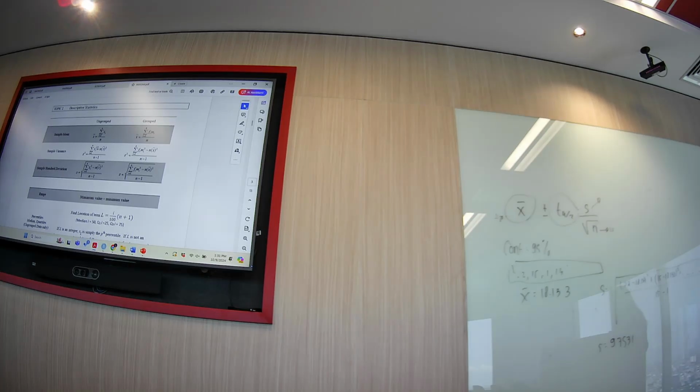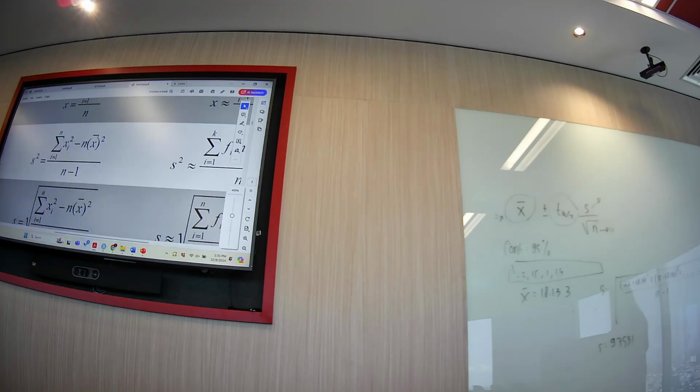This one, or you can use this one instead of doing it manually. There are two ways, the same as that. Different ways, but the same answer. It's up to you which one you are more familiar with.